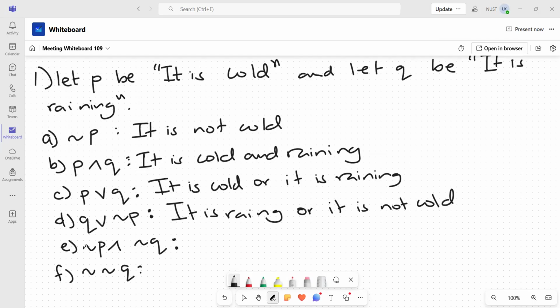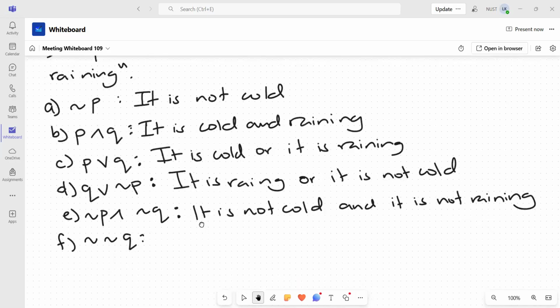Then number 5, not P and not Q. So P says it is cold. So the negation of that would be it is not cold. And it is not raining. Okay, so that is how you write that one.